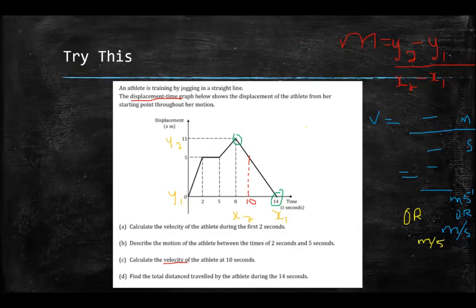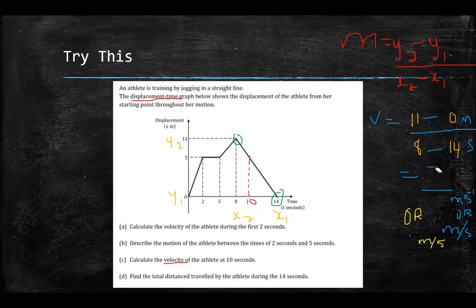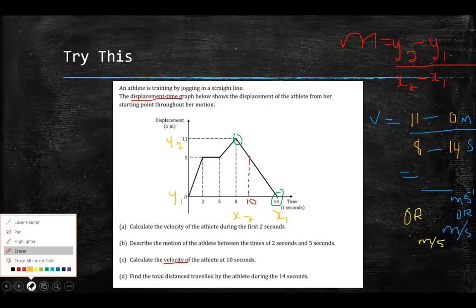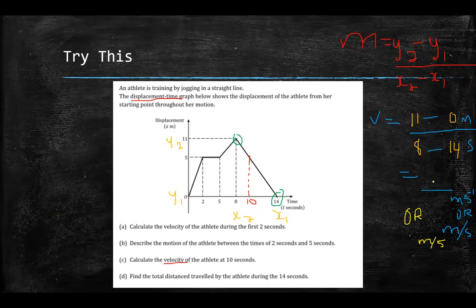Just substituting those values: y2 is 11, y1 is 0, x2 is 8, x1 is 14. Hold on, let me just erase that blue line. All right. 11 minus 0, that's 11.